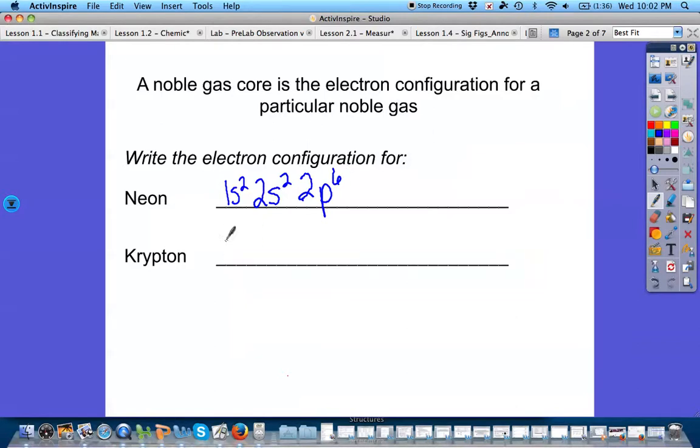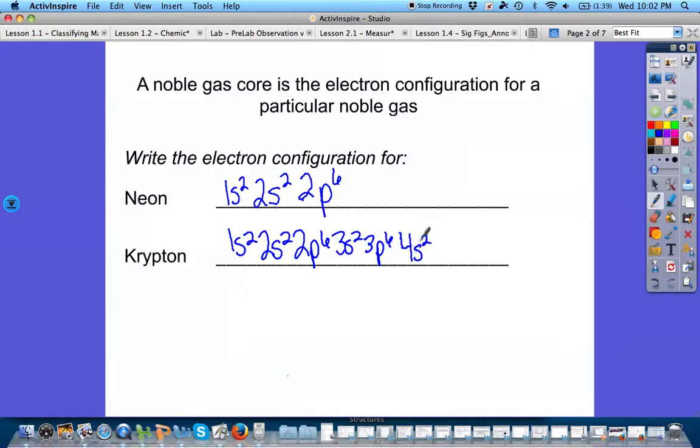For krypton, we got to go all the way through neon to start with. So we're at neon, and then we go down to 3s2, and then 3p6, to 4s2.